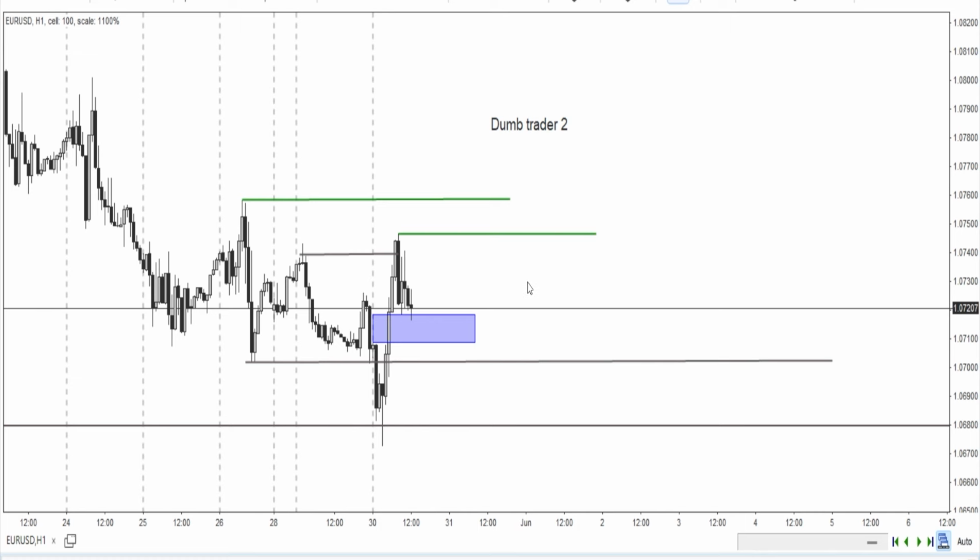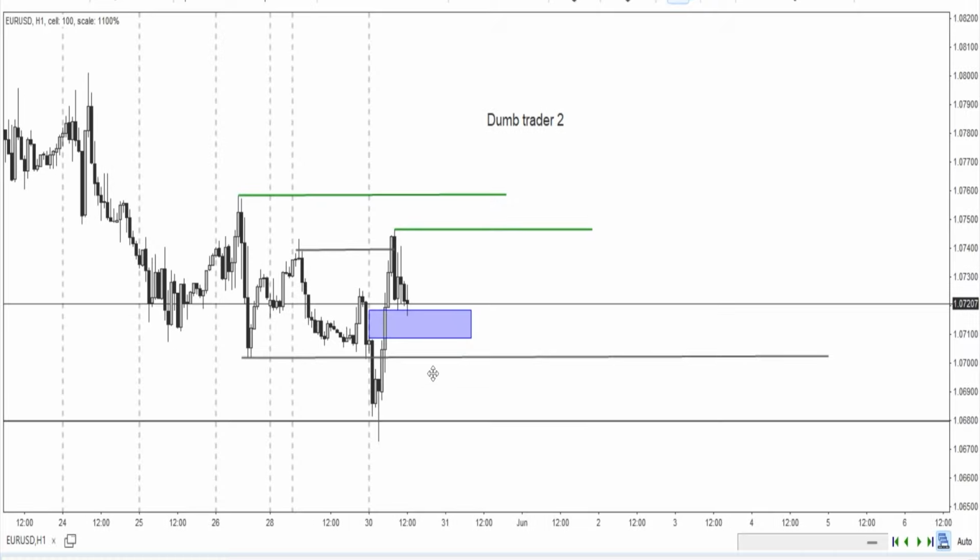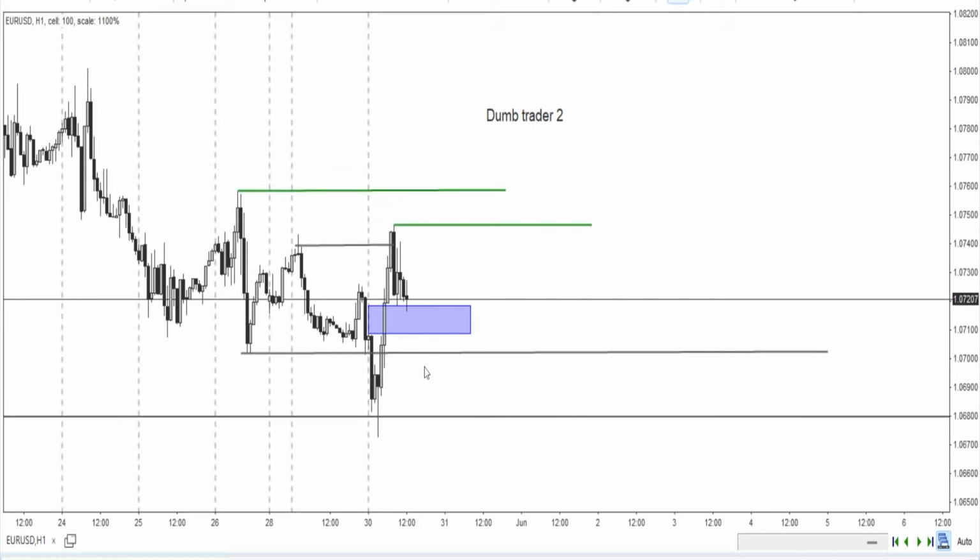In this 1 hour time frame, another inexperienced trader is framing a 5-minute market maker buy model on this 1 hour FVG to these highs delineated with the green lines. And it will fail. It will fail because smart money has not accumulated enough long orders to start hunting this side and distribute their long positions above it.